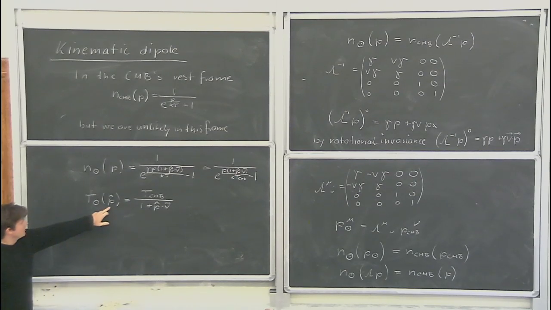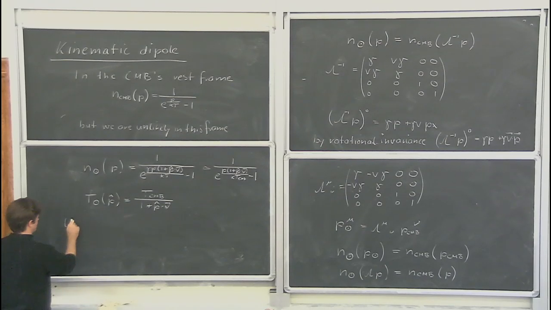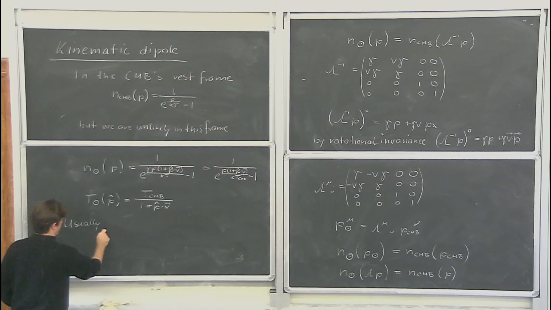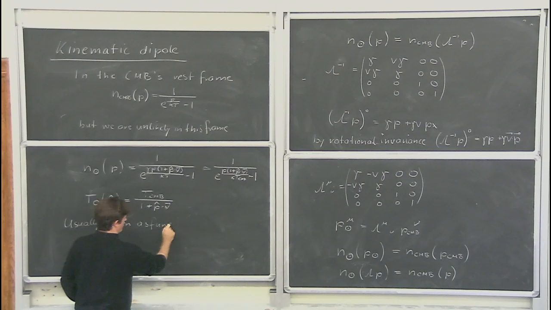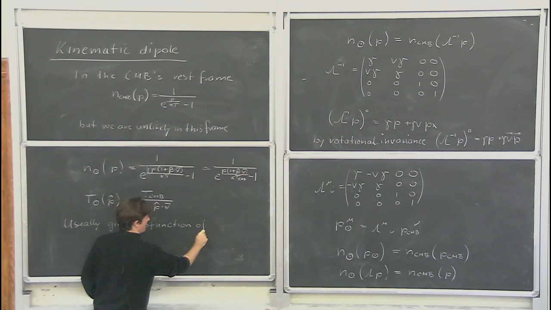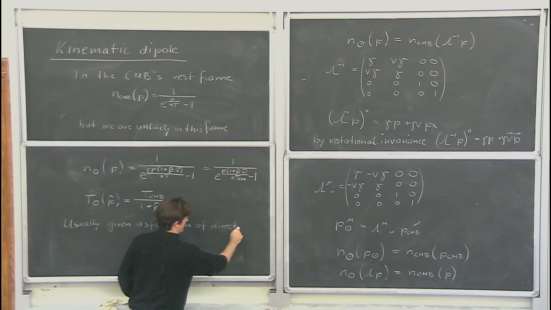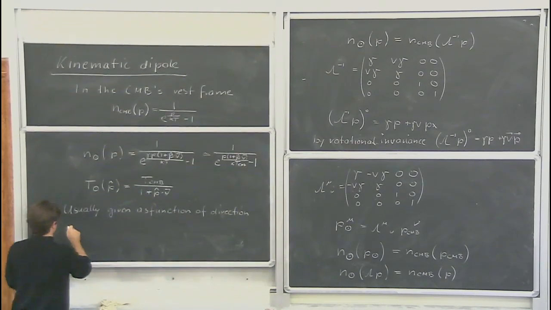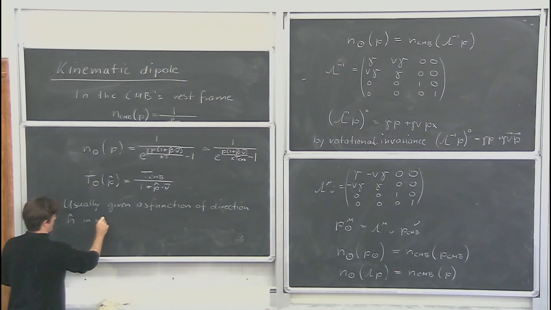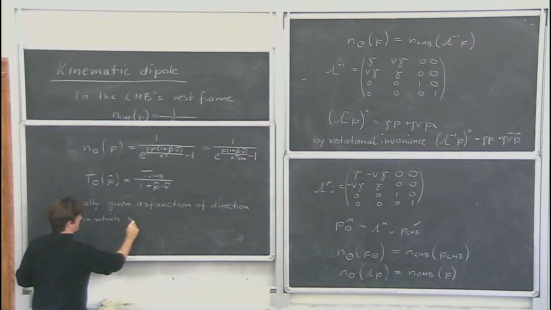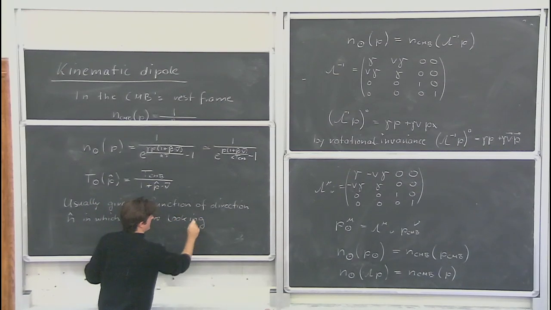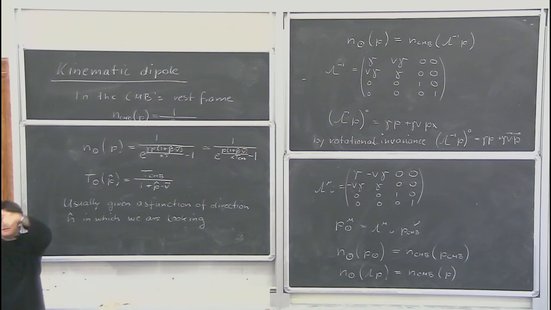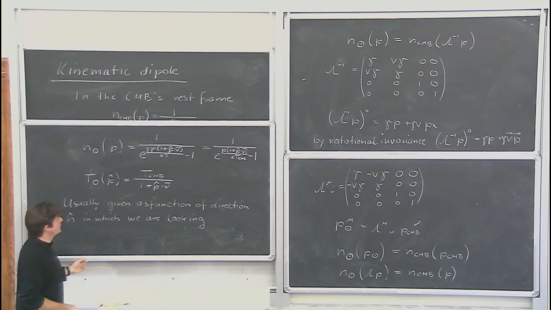And then usually we don't quote it as a function of the photon's momentum, but we quote it as a function of the direction. If I'm looking in the direction n hat, then obviously the photons reach us with momentum minus n hat.